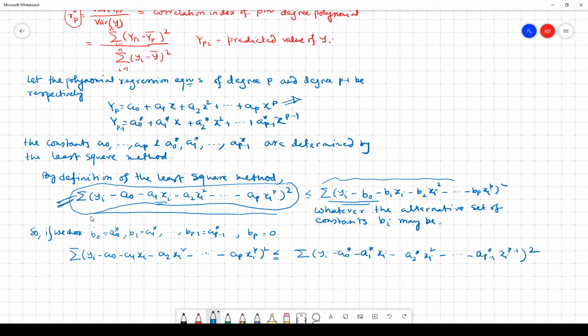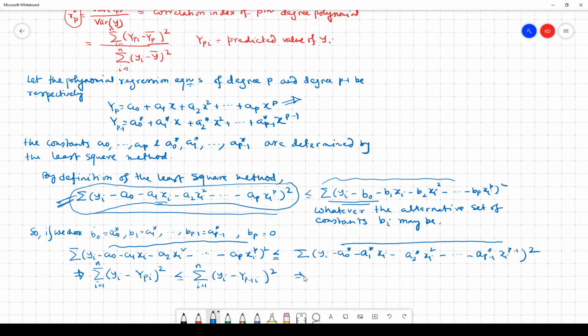From this you can write the sum over i from 1 to n of small yi minus capital Ypi whole square is less than or equal to the sum over i from 1 to n of small yi minus capital Y(p-1)i whole square.